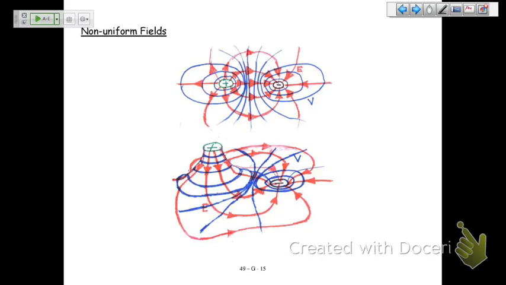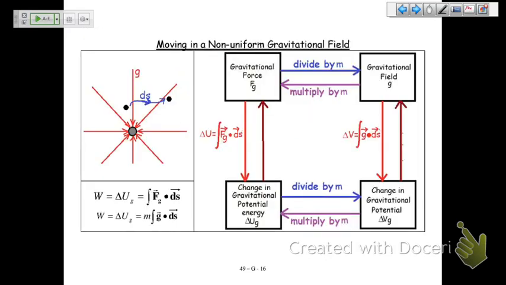But now we get a little bit more complicated, because now we're dealing with non-uniform fields. And the answer is, well, I'm moving across field lines, but the field lines are diverging or converging or something.